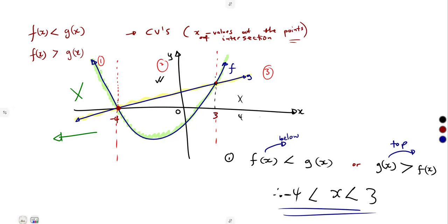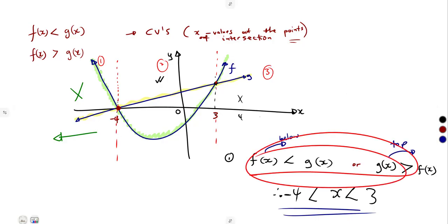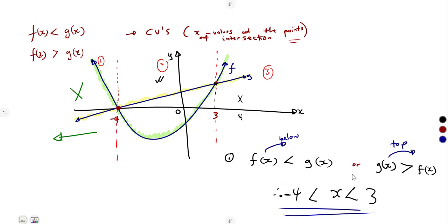So you find out that the regions that do not satisfy this condition satisfy another condition, which is the second one. Meaning to say, as of the second question, where they can ask us the condition of f of x being greater than g of x, we're simply saying f of x is on top of g of x.